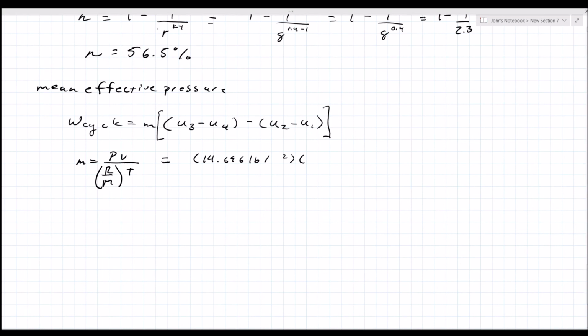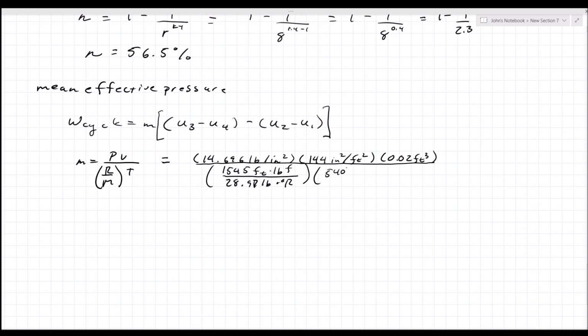Pounds per inch squared, converted to feet squared, times the volume, which is 0.02 feet cubed, divided by the universal gas constant in imperial, which is 1545 feet times pound force, all over the molar mass of air, 28.97 pounds per, times degrees Rankine, times 540 degrees Rankine.